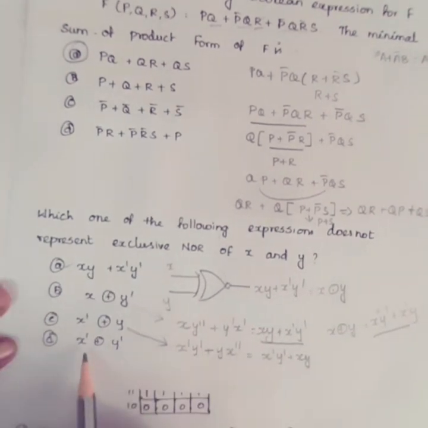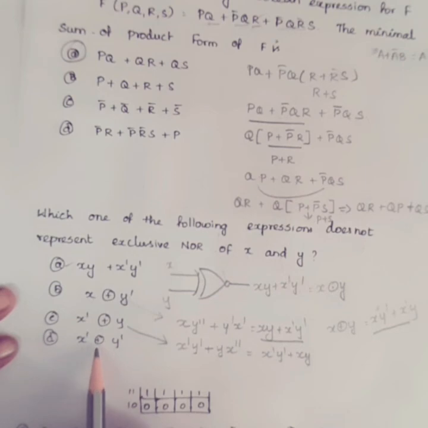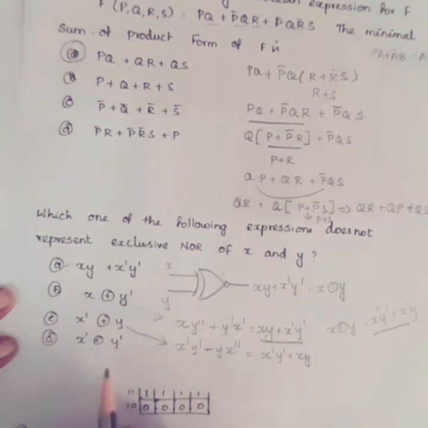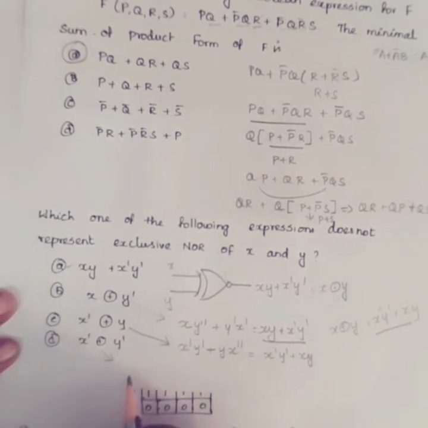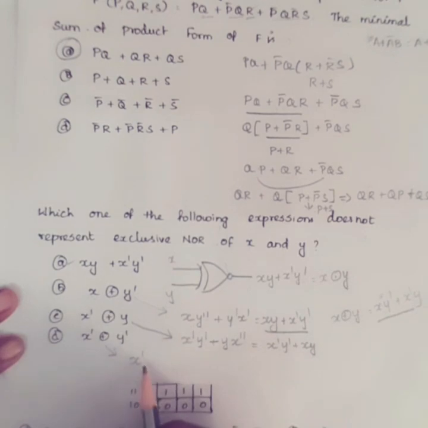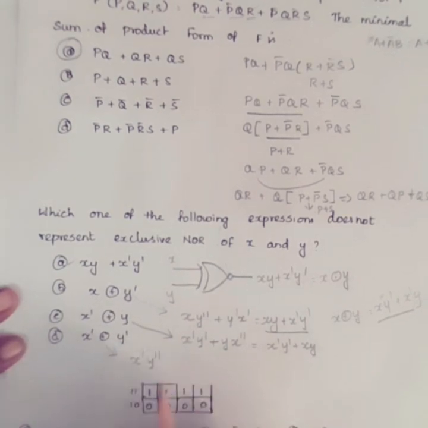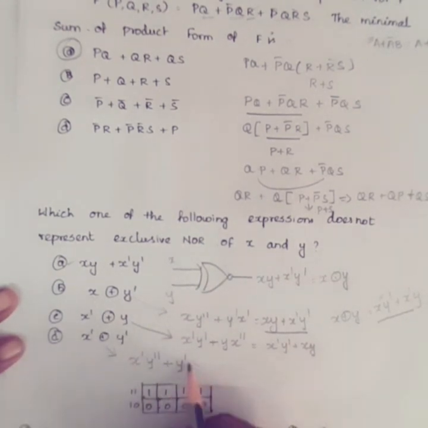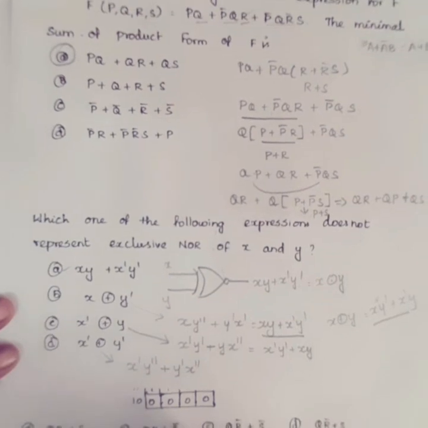The last one, X dash exclusive OR of Y dash. Writing the exclusive OR operation, the first variable and the complement of the second variable: the second variable is Y dash, so its complement gives Y double dash, plus the second variable Y dash and the complement of the first variable, X double dash.